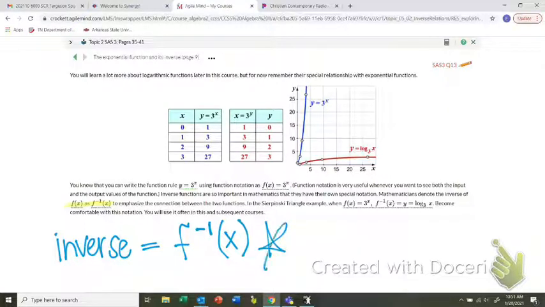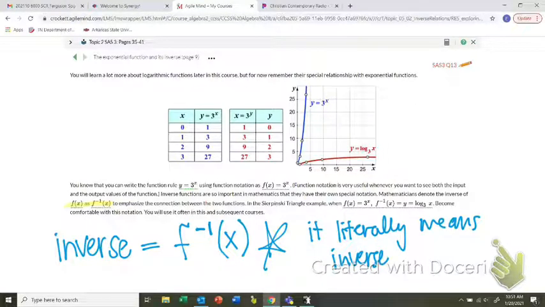Anytime you see this that I have starred, you must know it literally means inverse. That is just a sign that tells you inverse. Okay?